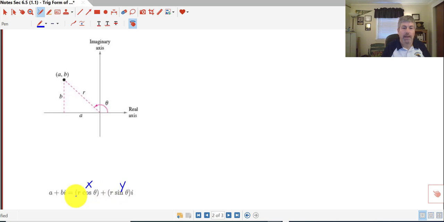So a plus bi equals r cosine of theta plus r sine of theta times i. So our imaginary portion is like our traditional y-axis, and our real portion is like our x-axis. So sine and cosine. It's nice to have some consistency with our trig here.